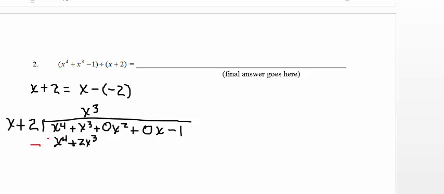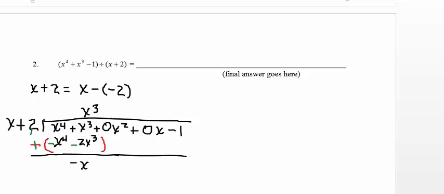So x goes into x to the 4th, x cubed times, multiply x cubed times x plus 2 and subtract. Then I can change it to an addition as long as I change the signs of what I was subtracting to their opposites. And now I'm adding.